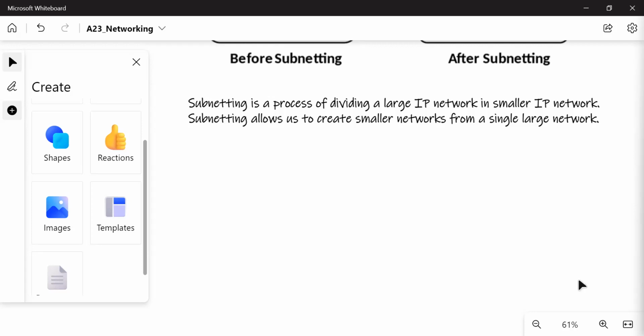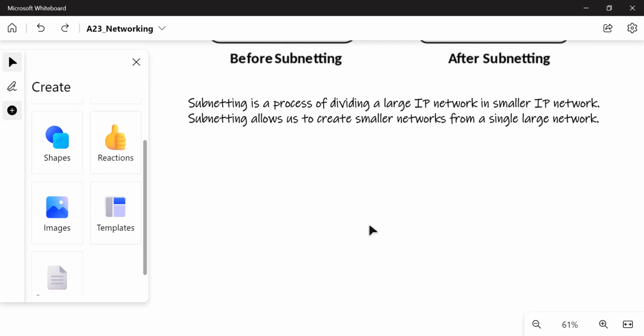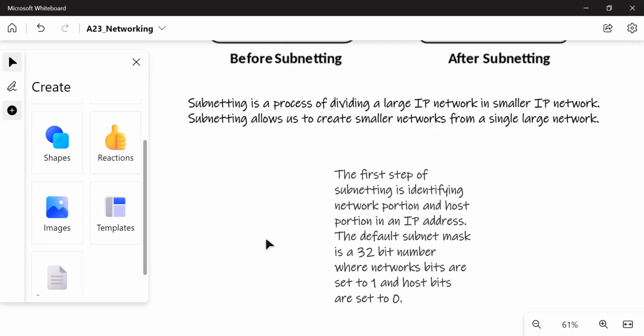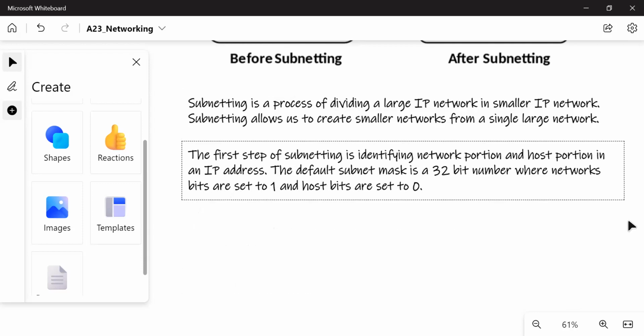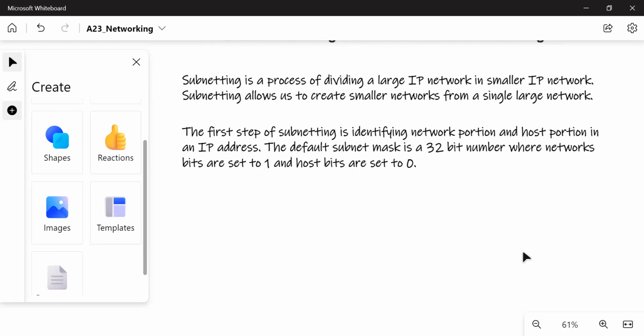So when you are given a subnet mask, you should know how many bits are allocated for the network and how many bits are allocated for the hosts. That is the first step that you are going to understand.